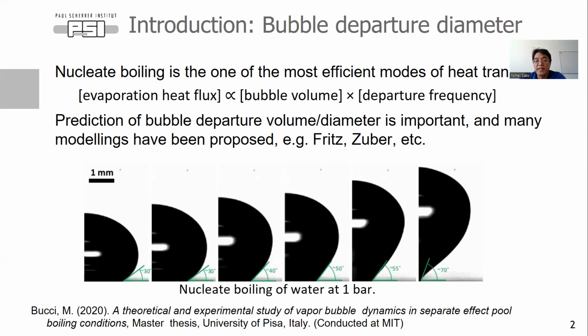So, to predict evaporation heat flux, it is important to predict bubble departure volume or bubble departure diameter. And many models have been proposed, for example, the Fritz model and the Zuber model.